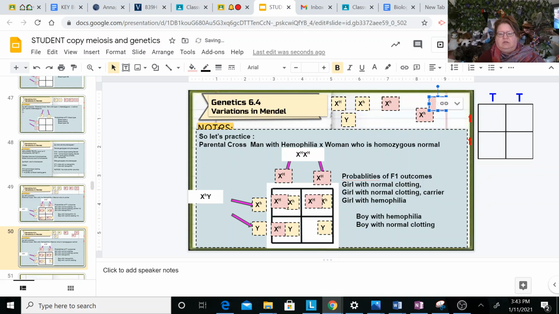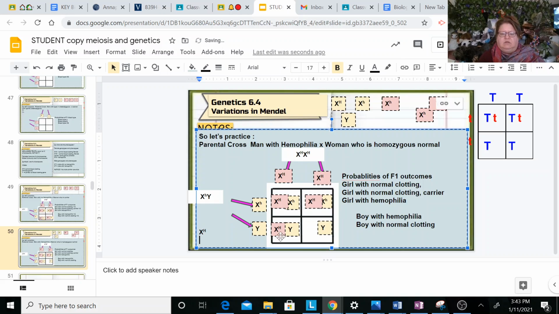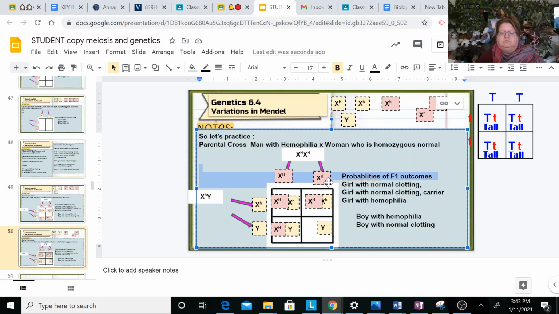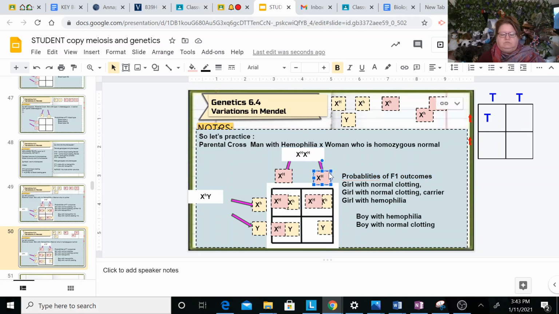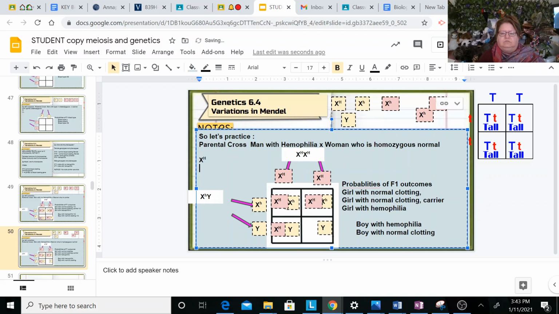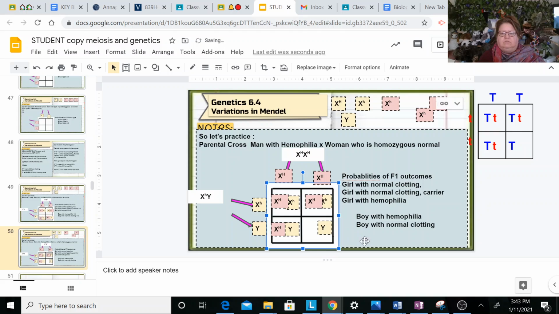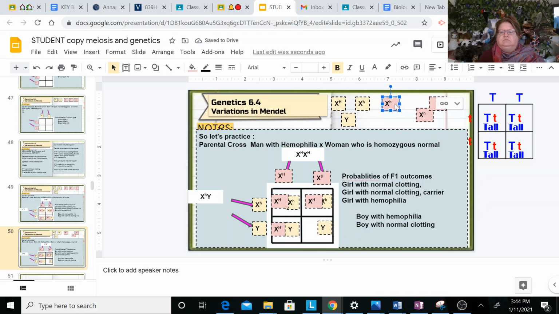Oh, sorry, let's make one more of these. And then you should be able to think about how you're going to fill in your chart. There we go.